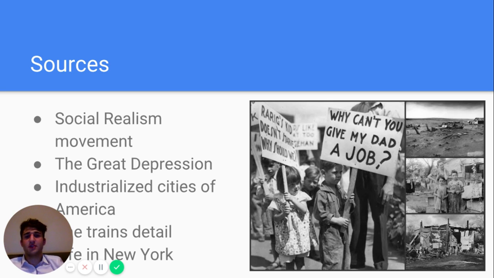And he would need to know this as a source because he wanted to paint the background and show what the actual industrialized cities looked like. And the train's detail is also another source because the detail on this painting is very precise and it makes the train look very realistic. And also, he would need to know the daily life in New York just to see how the people acted, what they would wear, and where they would be.